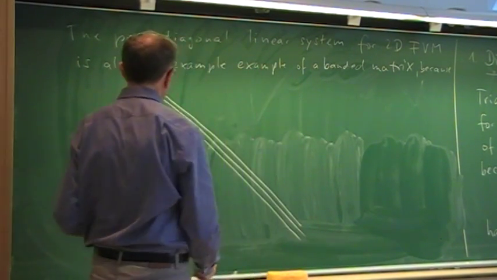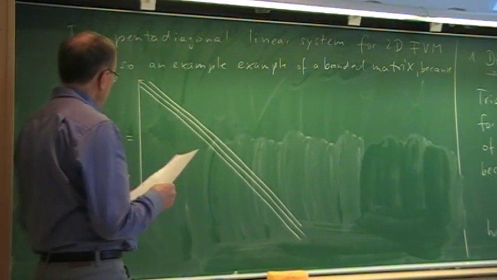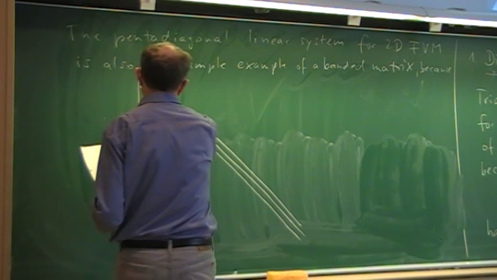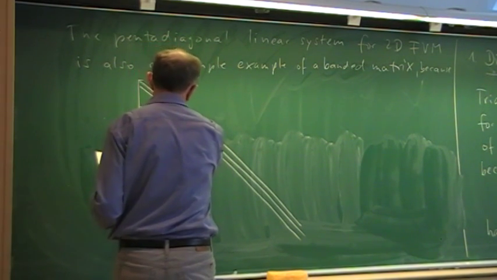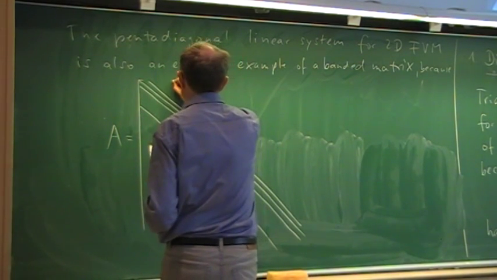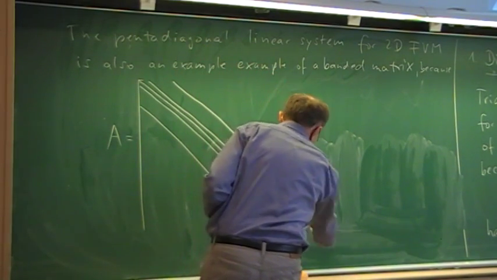So they go all the way through. And a bit away from them, we have the diagonals coming from the minus AS and from the minus A north coefficients. In between we have zeros.